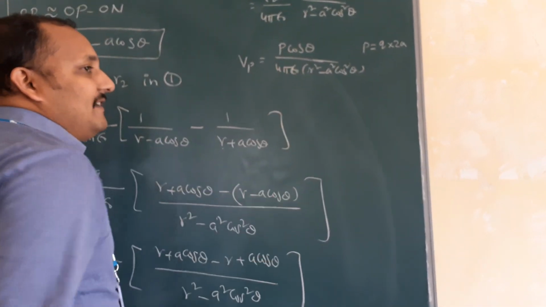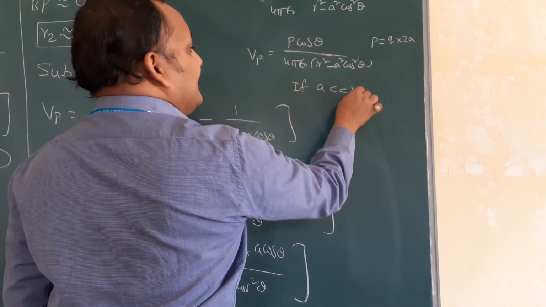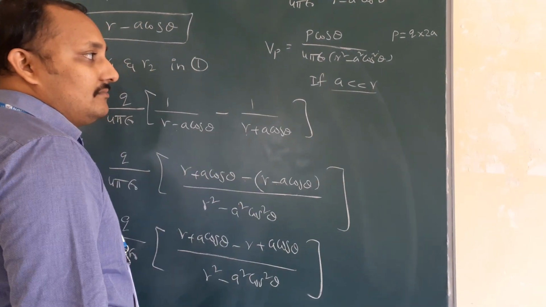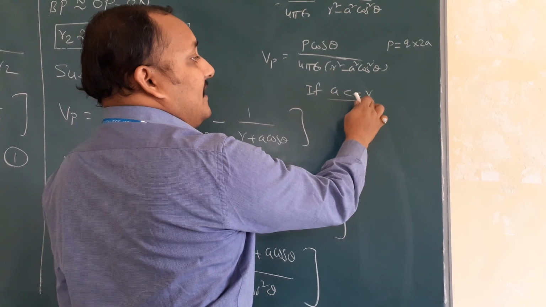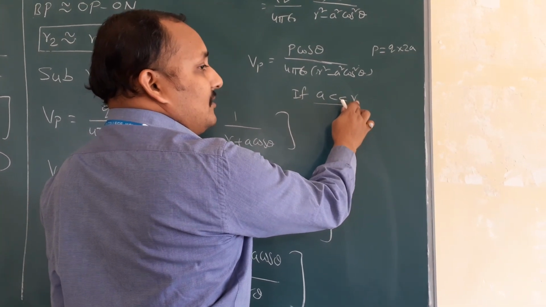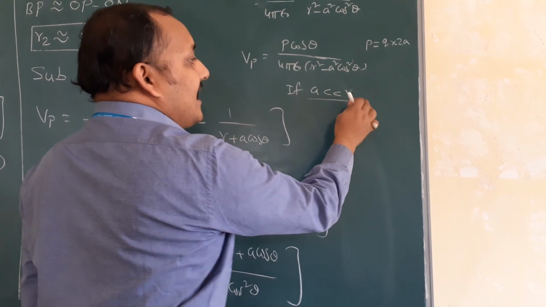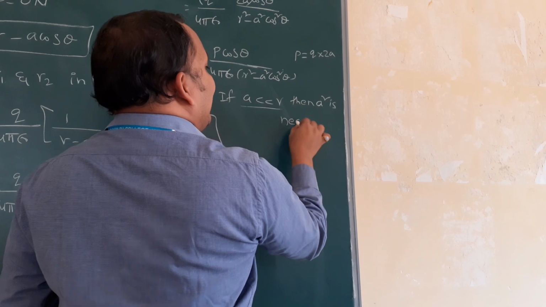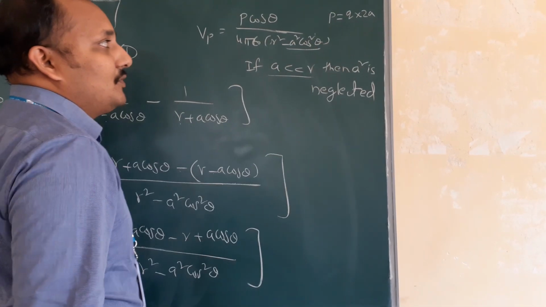In this, if A is less than R, you already came to know this in the first lesson. The dipole distance is very small compared to the point distance we have taken. If A is less than R, then A square is neglected, which means this term is going to be neglected.